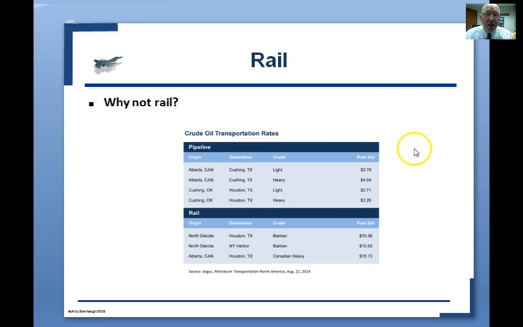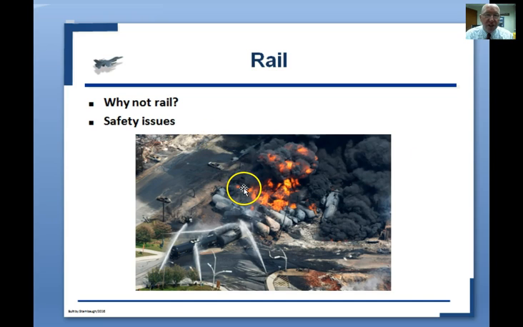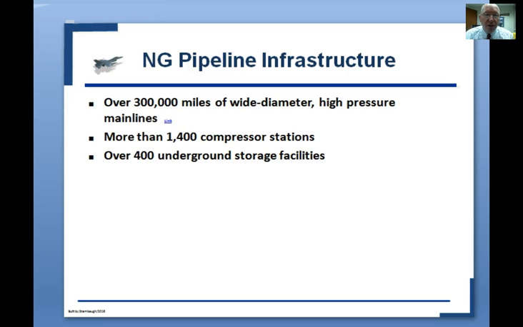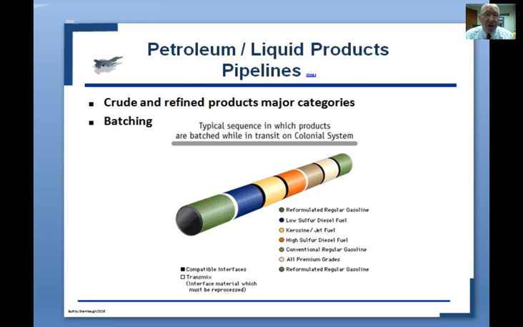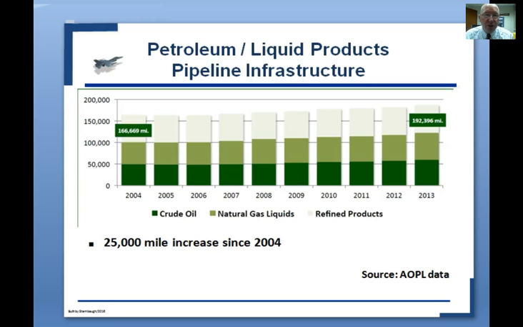Simply said, rail isn't as cheap as pipelines, nor is it as safe. This was a horrible accident that occurred in Canada, and the irony of this is the particular rail cars that exploded were the new, supposedly safer rail cars because they were going to be harder to explode. Nothing on these slides that I want you to particularly remember.